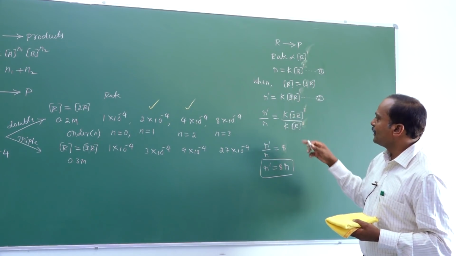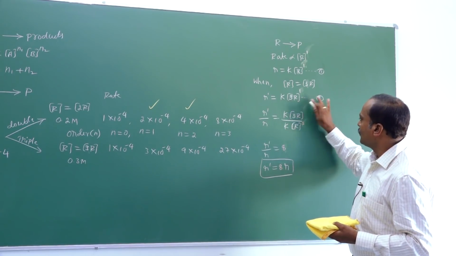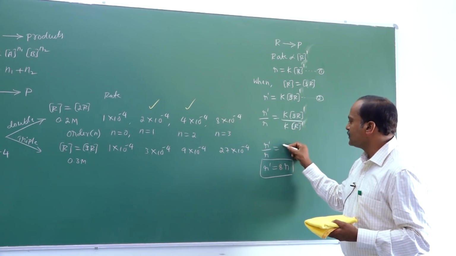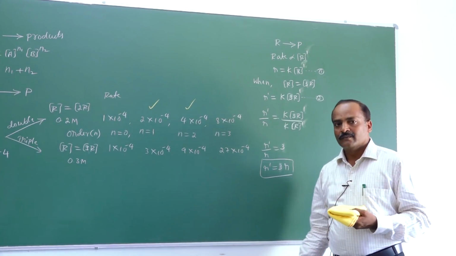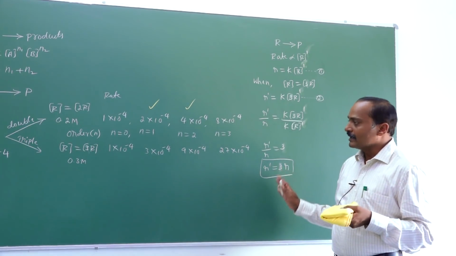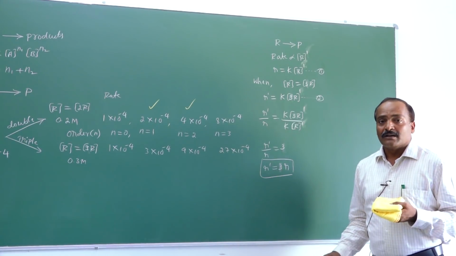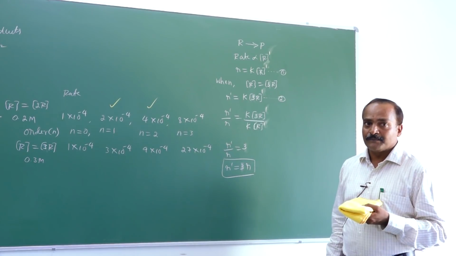Equation 2 by equation 1: rate'/rate = k(3R)^1 / k(R)^1 = 3, so rate' = 3 rate. It is clear that when the concentration of the reactant is tripled in a first order reaction, the rate also increases by a factor of 3.